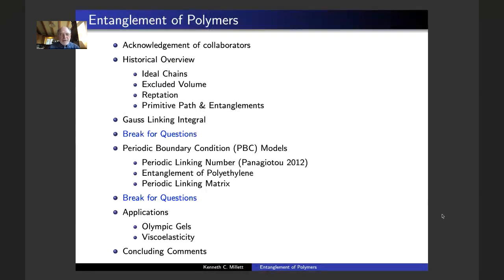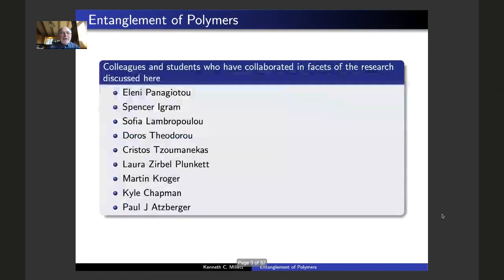So with that, lest I ever forget, I should show you the names of various folks who are involved in this. Spencer Ingram was an undergraduate student here at Santa Barbara that worked with me, and Eleni and Sophia and Doris Theodoro and Christos Manakis are colleagues of Eleni when she was a graduate student at the National Technical University in Athens. Laura Zerbel was a student of mine.